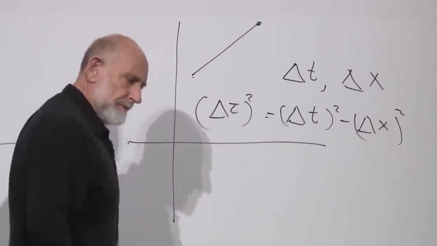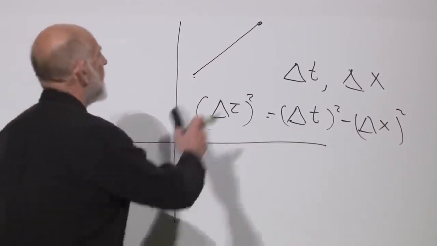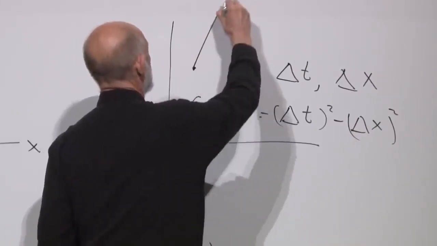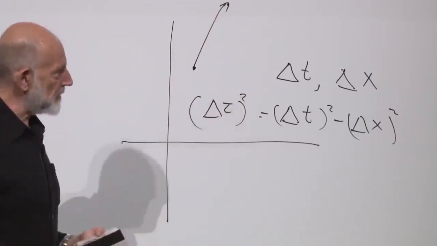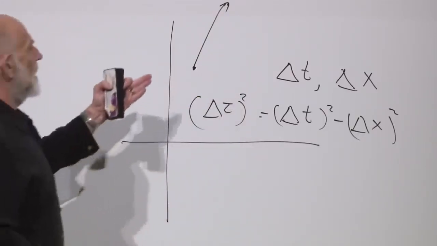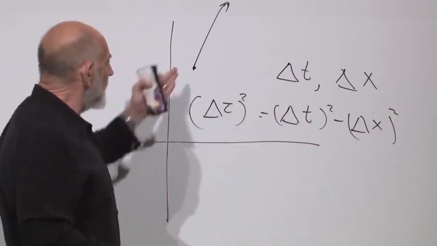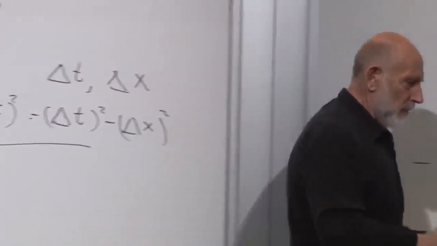In other words, if the spatial distance is less than the time distance, in that case delta tau squared is positive, and the interval between these two points is called time-like. It's got more time in it than it's got space in it.